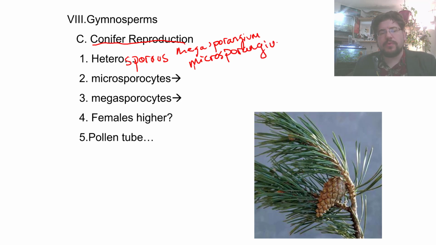Right? And the megasporangium produces the diploid cell that will become the spores, called the megasporocyte. Megasporocyte undergoes meiosis and produces 4 megaspores. Of those 4 megaspores, 1 survives.